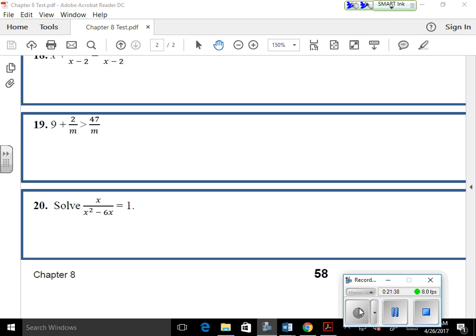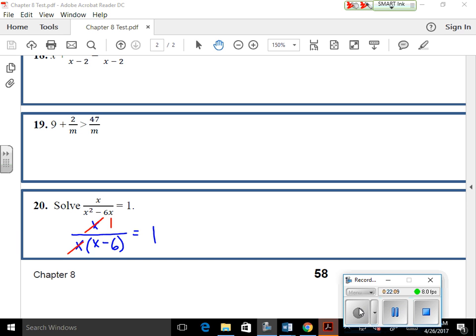And number 20. 2 ways to go about this. You can either factor the denominator, you factor out an x, and you get x minus 6. And the x's will cancel. And when the x's cancel, you're left with 1 over x minus 6 equals 1.